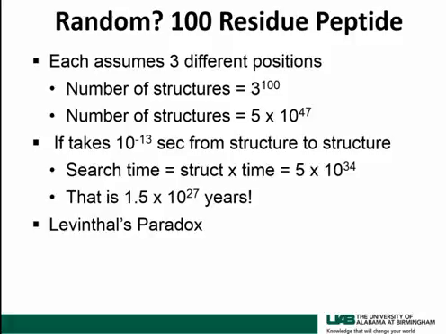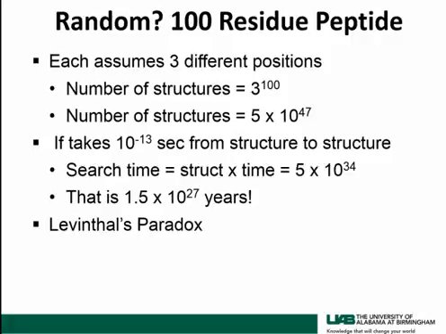That is something, right? Okay, so 3 to the 100th power, or number of structures, is 5 times 10 to the 47th power. Now, let's assume, for the sake of argument, that it takes 1 times 10 to the minus 13 second. That's a very fast event right there. From structure to structure.